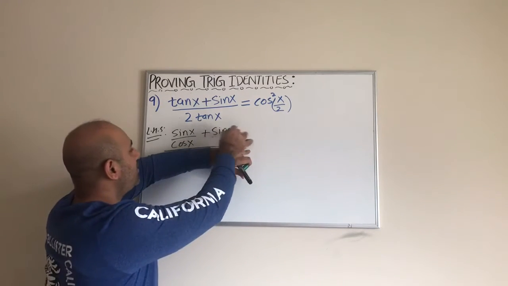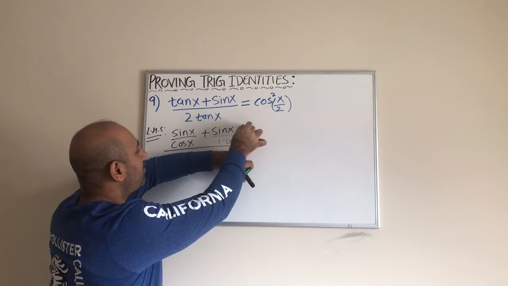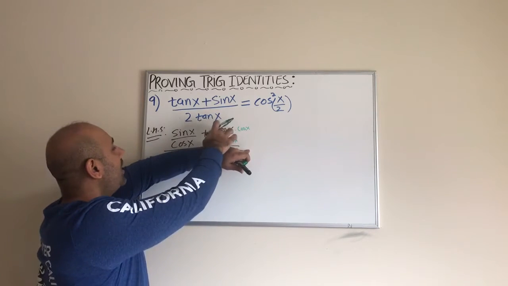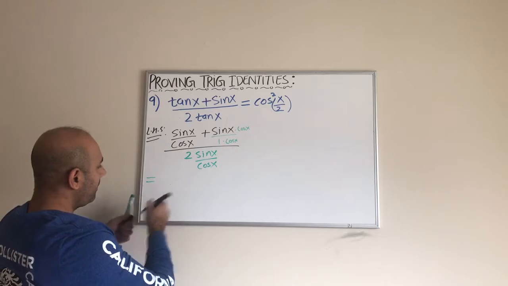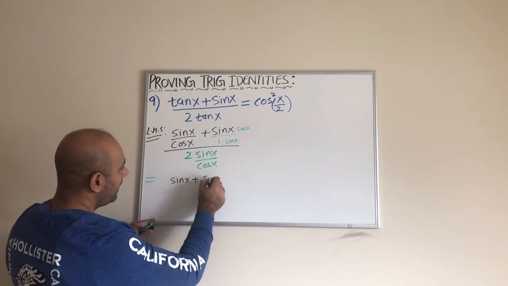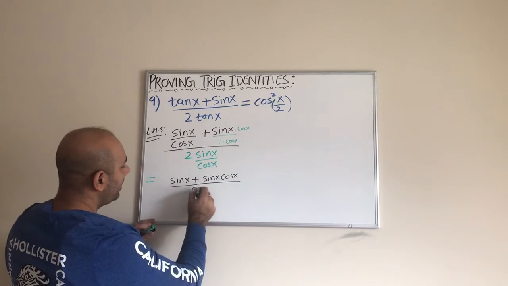There's an invisible 1 here, so I'm going to multiply this by cosine x upstairs and multiply this by cosine x upstairs as well. See what I'm going to be left with: sine x here, and here sine x cosine x. So this is what we have: sine x plus sine x cosine x.